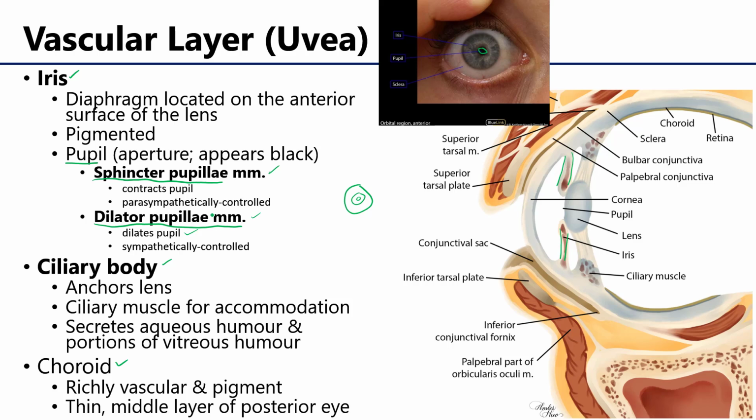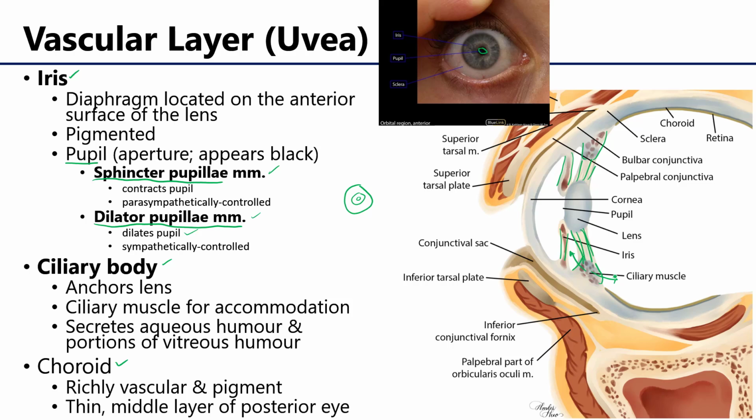So posterior to the iris is the ciliary body. The ciliary body contains the ciliary muscles and is an attachment site for specialized fibers which anchor the lens in place. This ciliary body also contains specialized cells which are going to secrete aqueous humor as well as portions of the vitreous humor.